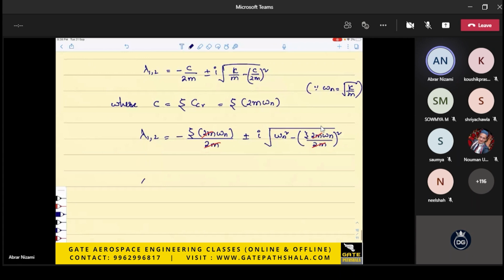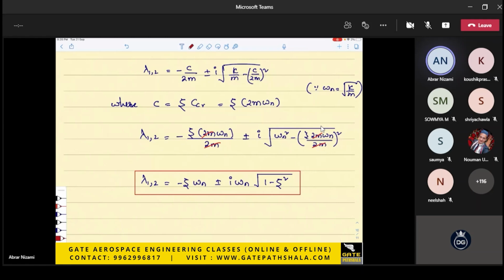You will get lambda 1, 2 equals minus xi omega n plus or minus i omega n into the square root of 1 minus xi square, taking omega n square common in both terms. Hope it is clear to everybody.